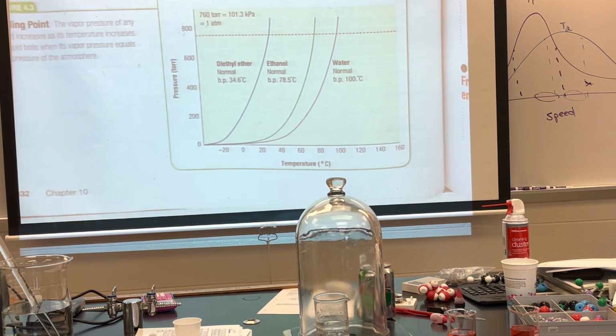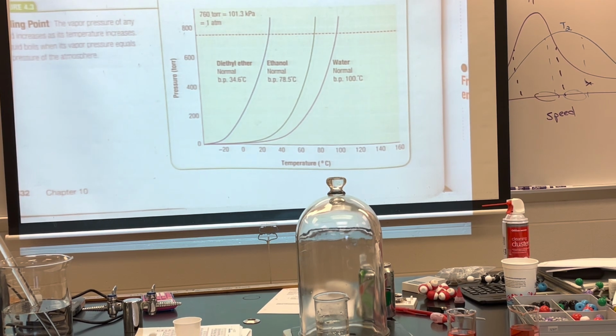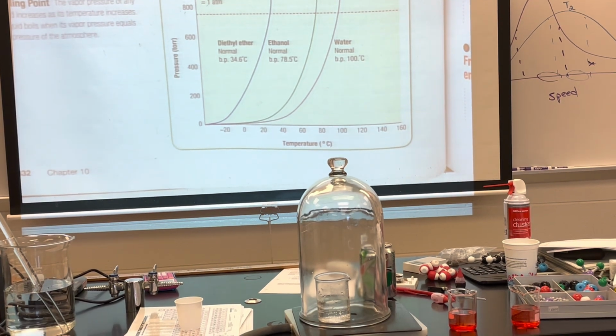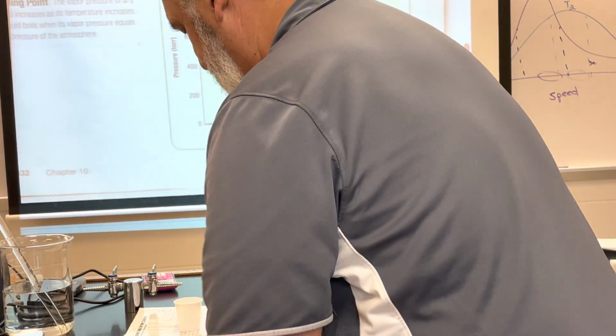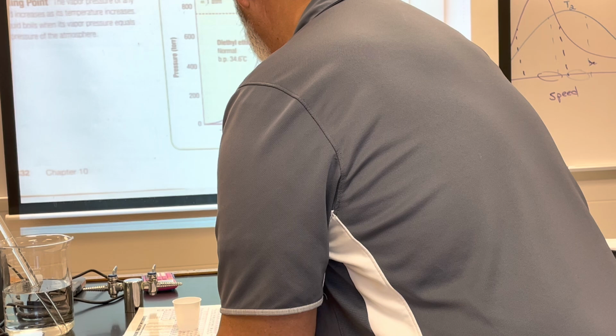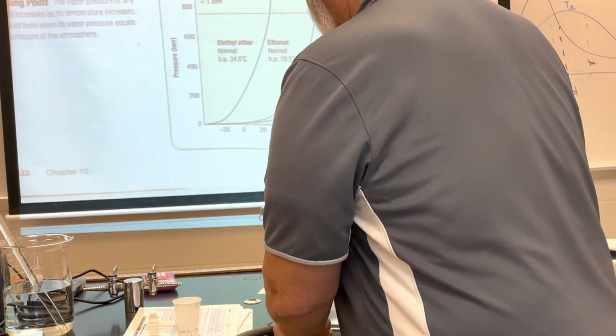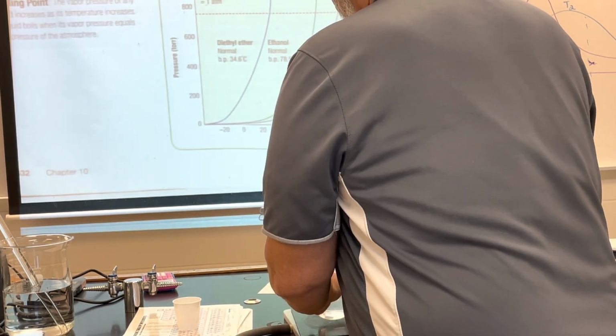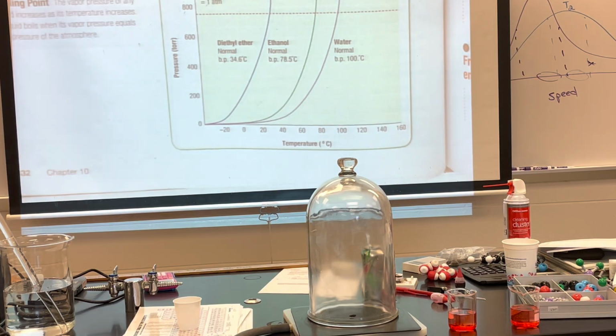These are new vacuum pumps, and I don't think they're as good. Well, we're right on the edge. All right, hold on. For some reason or other, if I use fresh water, it works better.